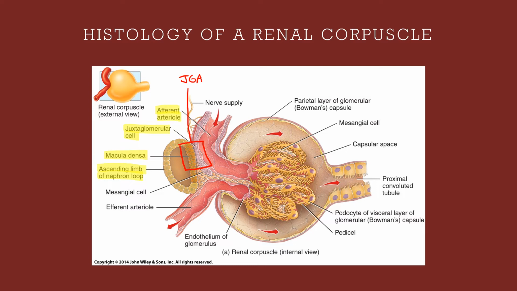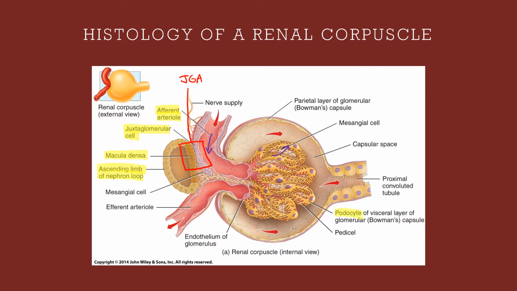So to just briefly go over the flow of filtrate here again, we have blood coming in through the afferent arteriole here, going through the endothelium of the glomerulus, so through here, and then it's going to go through the podocytes of the visceral layer of the glomerular capsule.